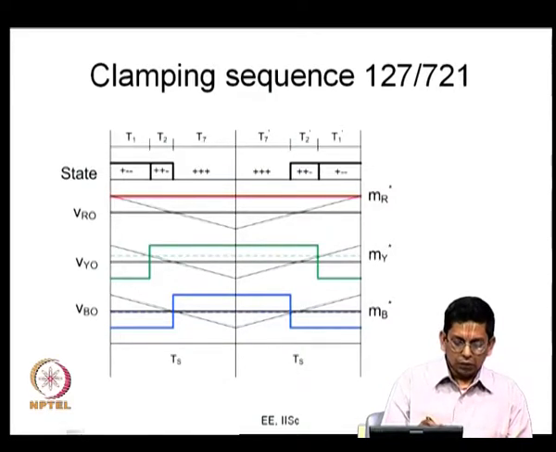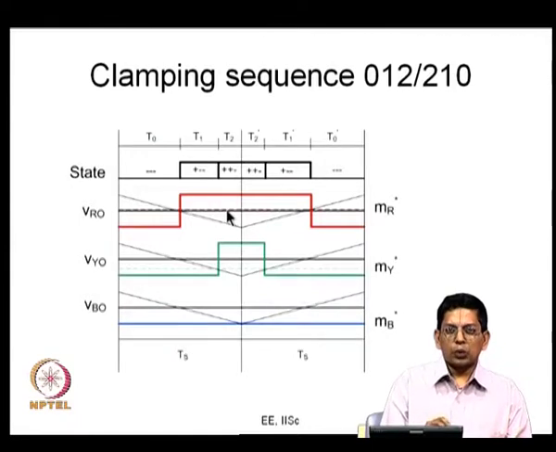So, we move here. This is the same 0 1 2 and 2 1 0 here. This is a case where the common mode is negative. You can see that the same MR, MY, MB results in MR star, MY star and MB star here, such that MB star is equal to minus 1, or it is equal to the negative peak of the carrier. MB star is equal to the negative peak of carrier. All the values have decreased from MR, MY, MB, some negative common mode component has been added here to come up here.